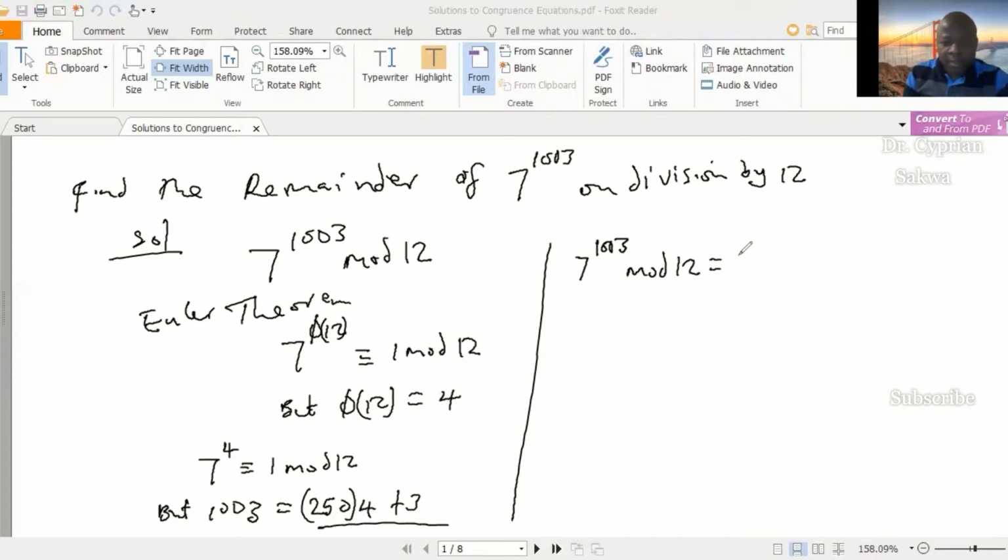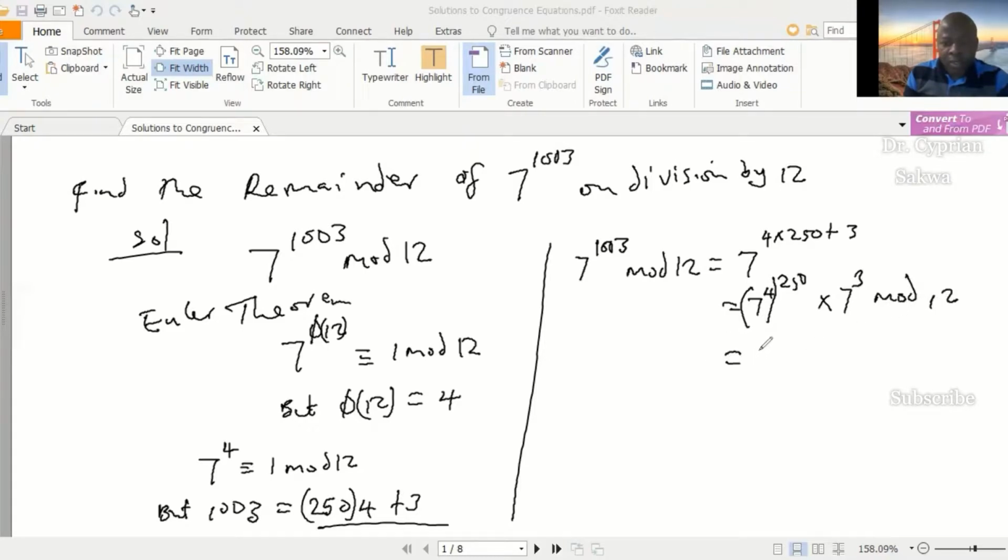So it's the same as 7 raised to 4 times 250 plus 3. It's the same as 7 raised to 4, which is 1, raised to 250, then times 7 raised to 3 mod 12.